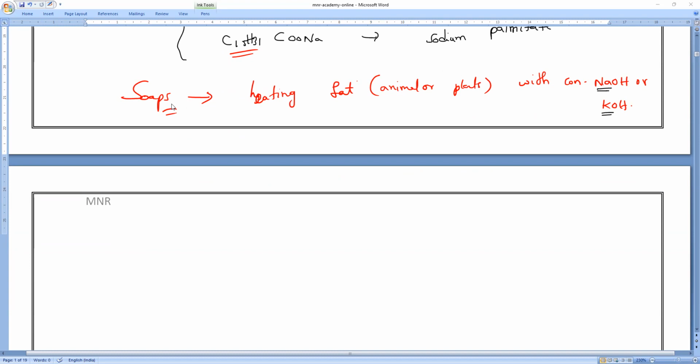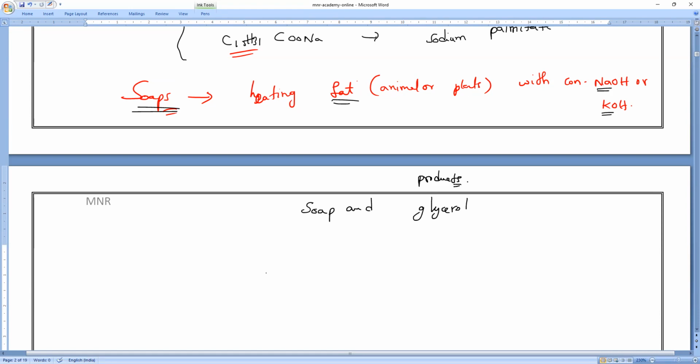When we are producing the soaps, heating the fat with concentrated NaOH or KOH, during this reaction we get a soap, and along with the soap, we get glycerol. Both are the products of the reaction. So that is what you have to remember.